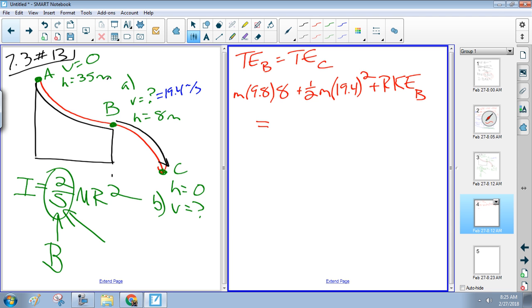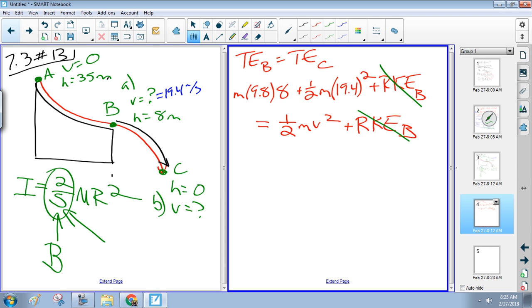Equals, when we get to point C, our GPE is 0. There's going to be some KE, and we've still got that same RKE we had at B. And so what Michael is saying is that those RKEs cancel out, so you don't even need to worry about them. That's slick. I hadn't thought to do it that way.